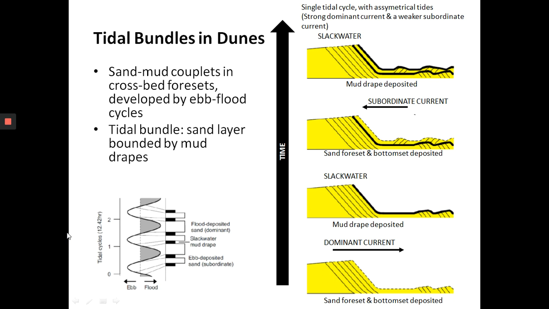So let's look at another type of tidal facies. These are tidal bundles associated with dunes. Now we have currents in a tidal setting, and if the velocity is high enough and you get grains of sand of a certain size, you can start to develop dunes, right? And the way that they grow is similar to alluvial dunes.